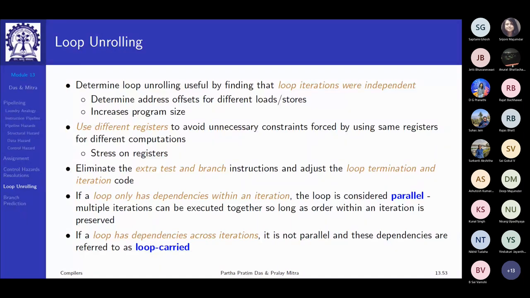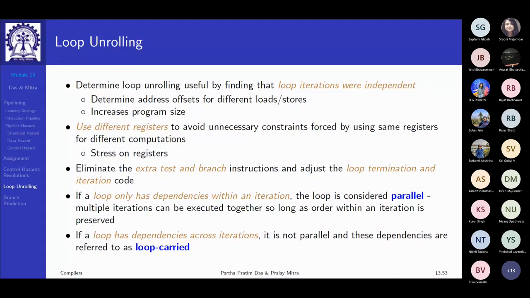So you know that the actual offset for that is 4 star i, if it is an integer array with every integer having size of 4 bytes. Now, as you unroll the loop, you will be accessing A[i] as well as A[i+1] in the same iteration. Therefore, you will need to have different offsets appropriately computed so that you can load that value or store that value and so on.